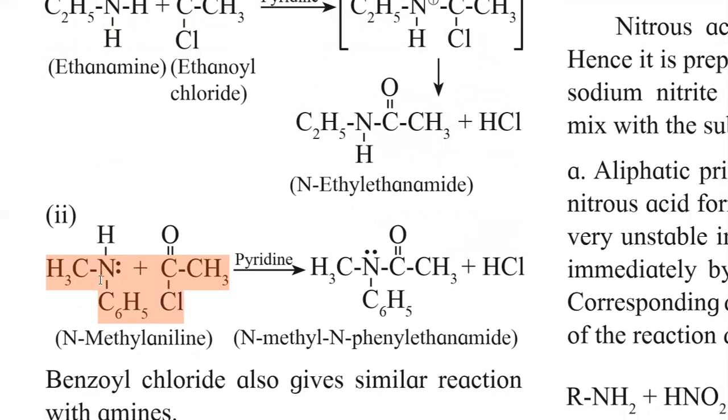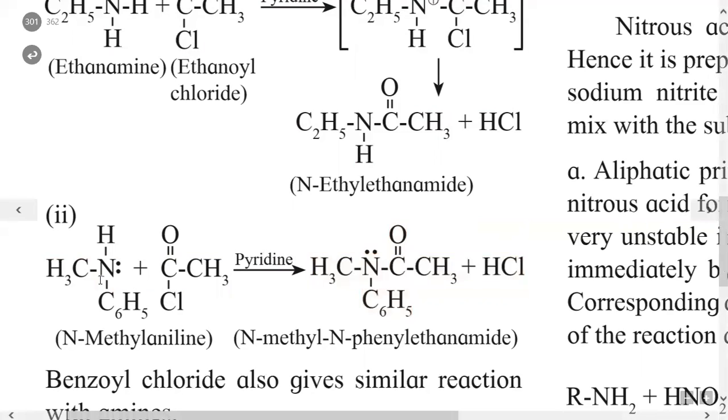When treated with ethanoyl chloride, that is acetyl chloride, in the presence of pyridine, it gives this COCH3 group containing product, called amide formation. So it is N-methyl N-phenyl ethanamide, plus the side product HCl.